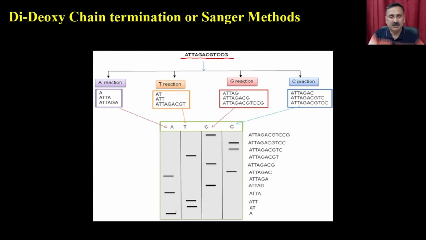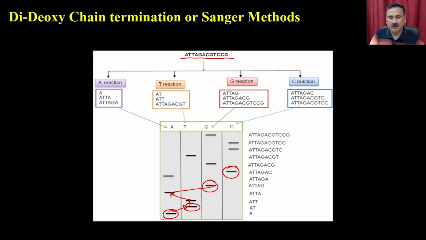So for the A reaction, you are going to get a fragment here, right? For the T reaction, you get the fragment here, okay? And for the G reaction, you get the spot here, and for the C reaction, you get the fragment here, okay? Now what you have to do is run it in a reverse orientation like this.